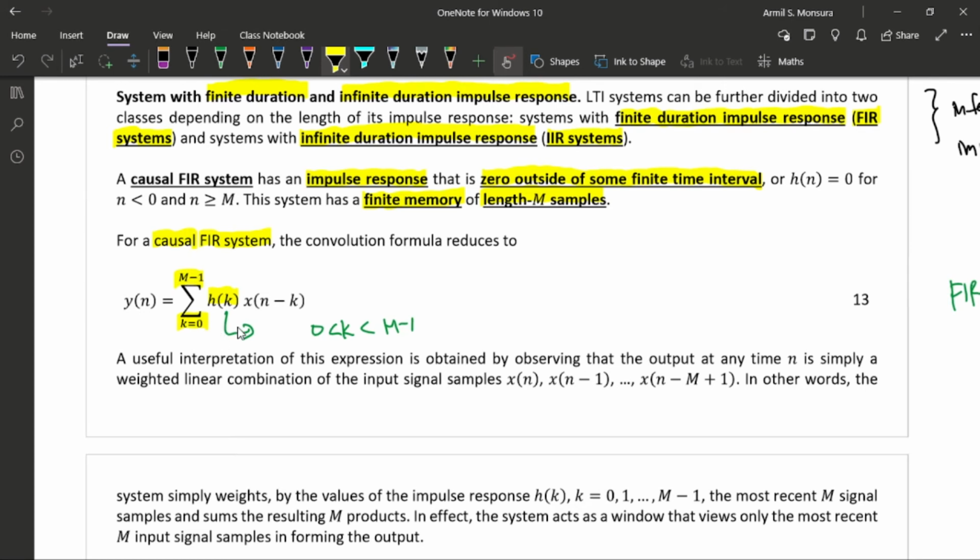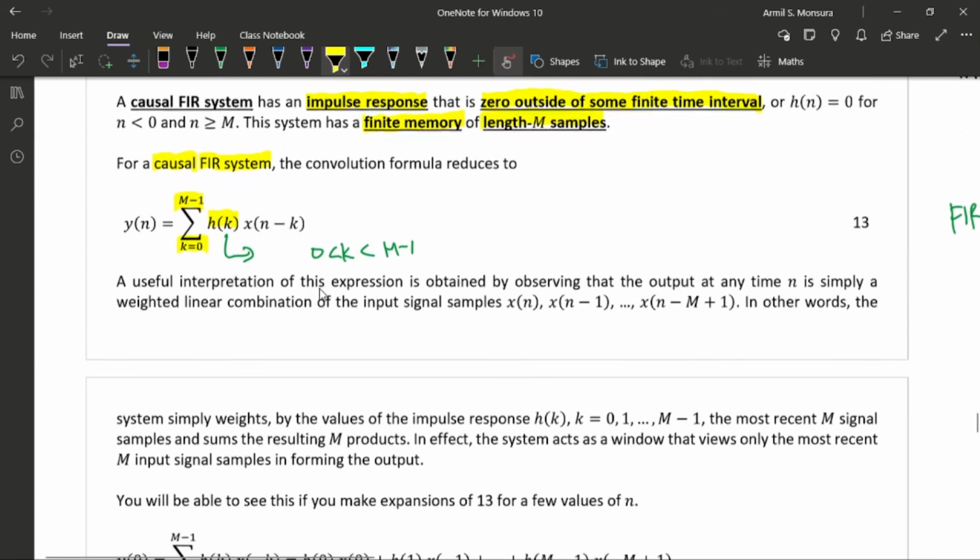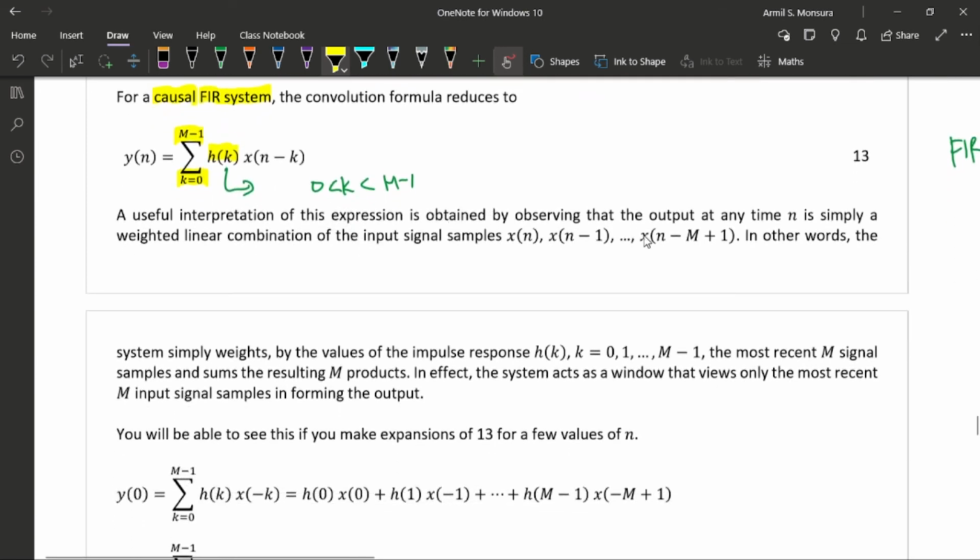Okay? So, a useful interpretation of this expression is obtained by observing that the output at any time n is simply a weighted linear combination of the input signal samples x of n minus 1 up to x of n minus m plus 1. Ang sinasabi niya dito is this: the output is actually a weighted linear combination.